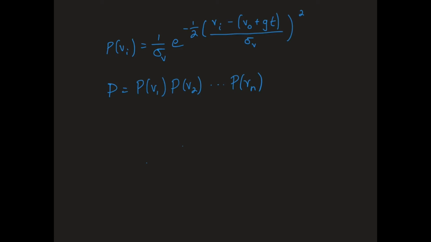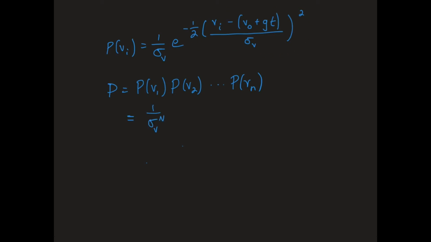Well, so if I take my equation up here and I plug it in there, each of these probabilities means that there's a product of exponentials. And if you take the product of a bunch of exponentials, you get the sum of the terms in the power of the exponential. So the result of that is going to be the following.